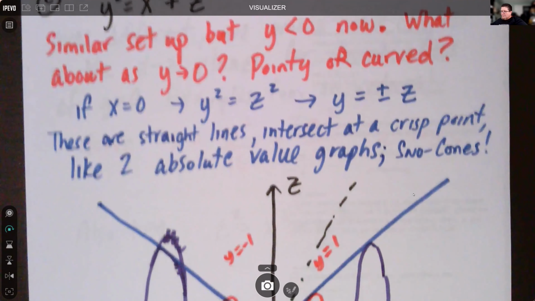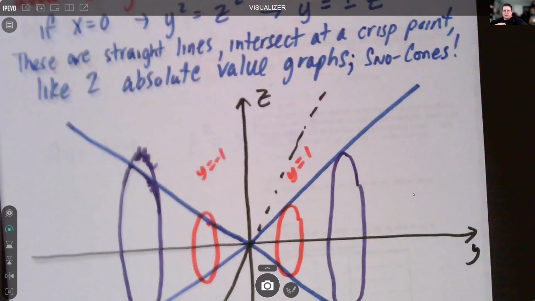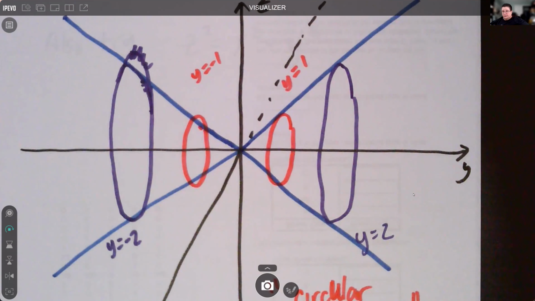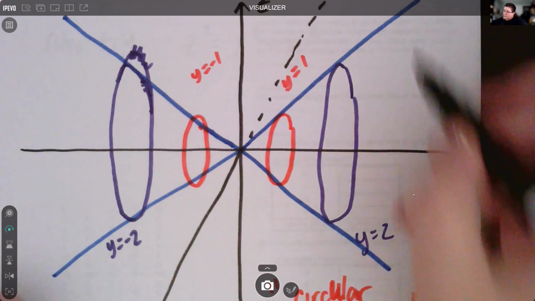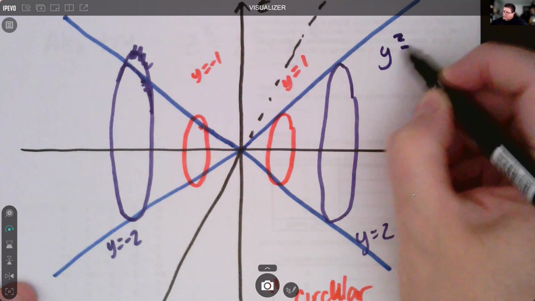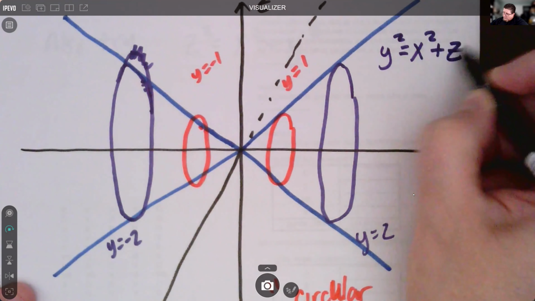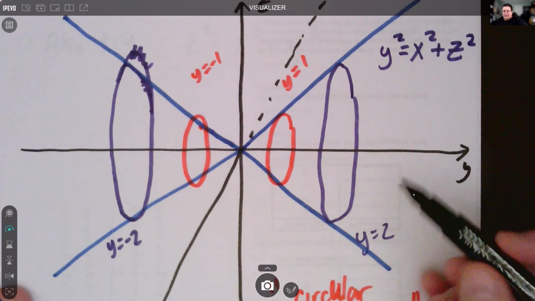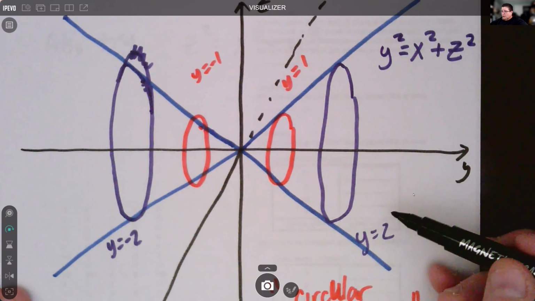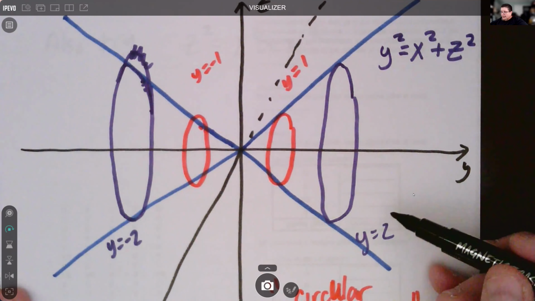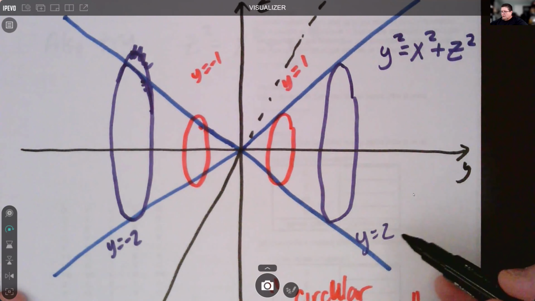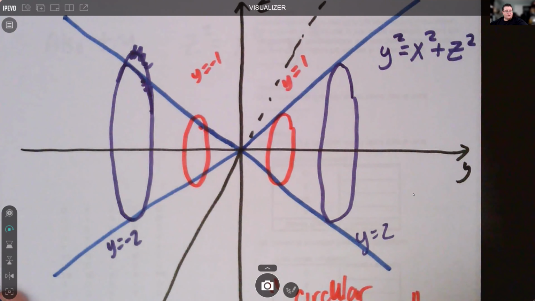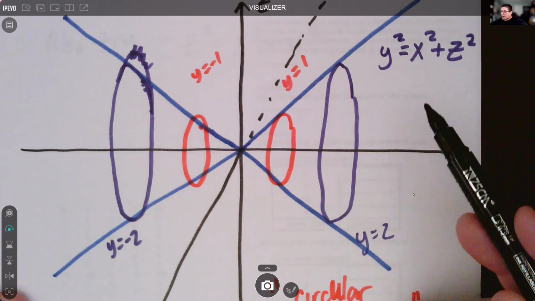And you'll notice what happens to the shapes of the circles. Let me rewrite the equation where we can see it, since I've got that camera zoomed in. If I plug in y equals 4 like I did on the last one, I'm going to get x squared plus z squared equals 16, a circle of radius 4 rather than radius 2.